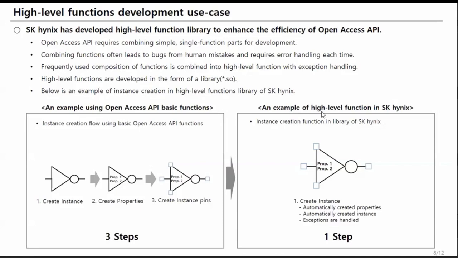These high-level functions are developed in the form of .so libraries and are being utilized in the development of in-house tools. The following is an instance creation developed as a high-level function. When implemented using the basic functions of OpenAccess API, the process consists of 3 steps: instance creation, properties creation, and instance pins creation.